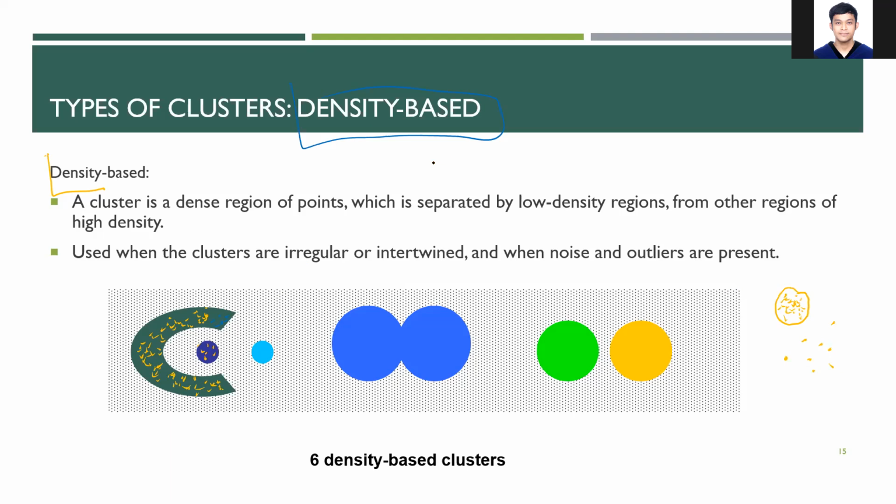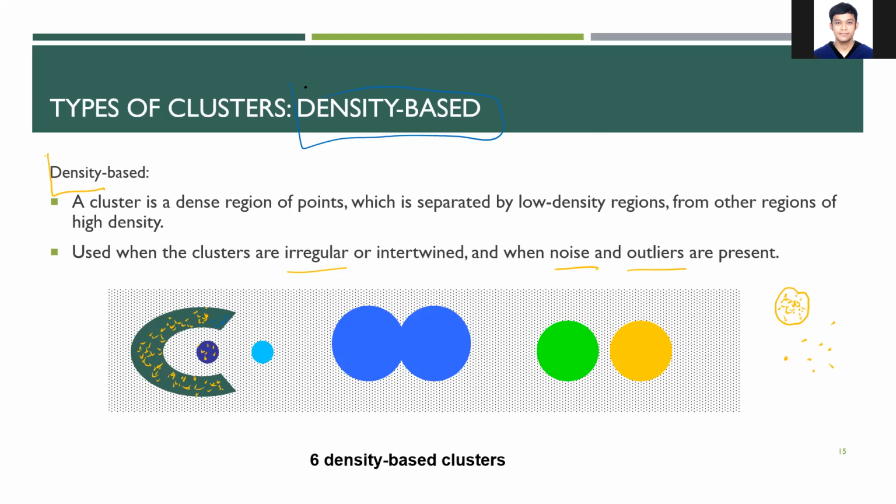Mostly density-based clustering is used if the cluster shape or the data shape is irregular, or there are some noise or outliers in the data. So that's why we consider the density base.